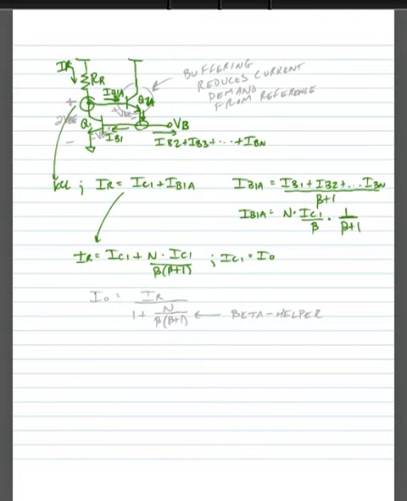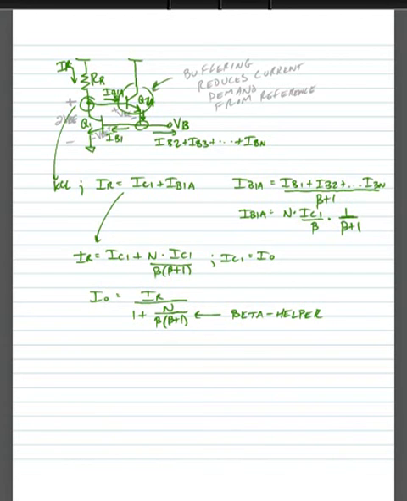So we could say that IOUT is equal to IREF divided by 1 plus N divided by beta times beta plus 1. So this is a much better situation than we had before, because we're effectively increasing the beta of our transistor. So this is called a beta helper. We're effectively squaring our beta.